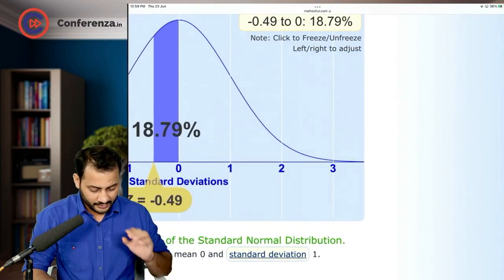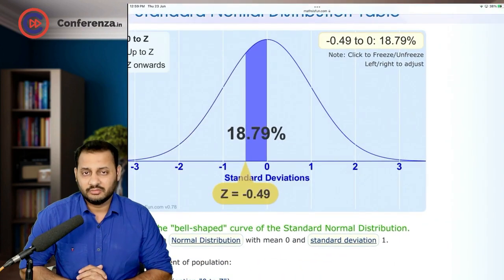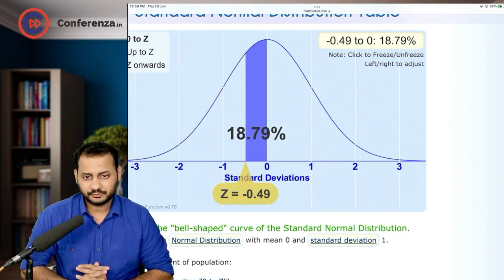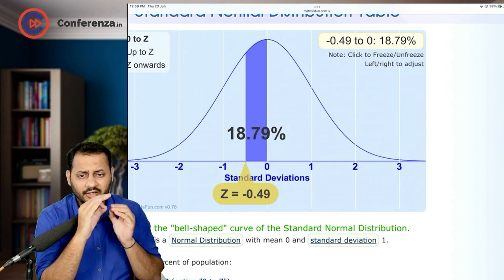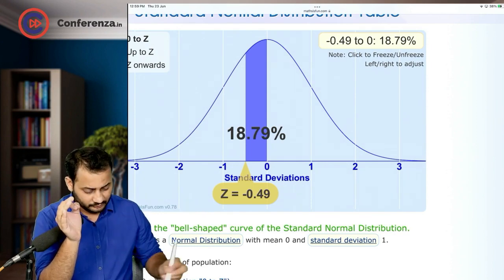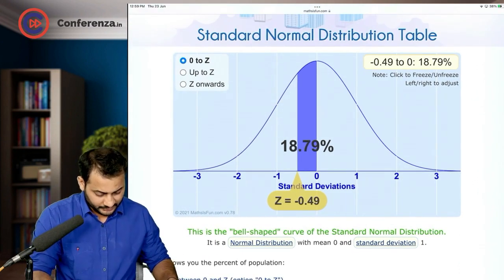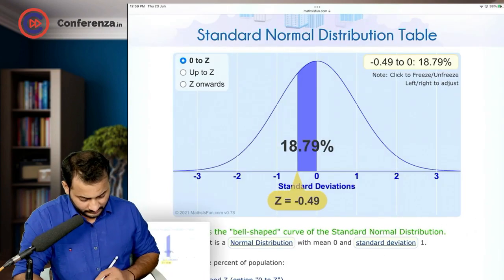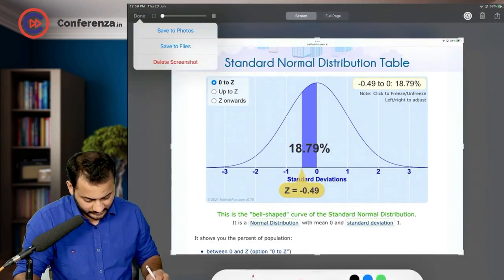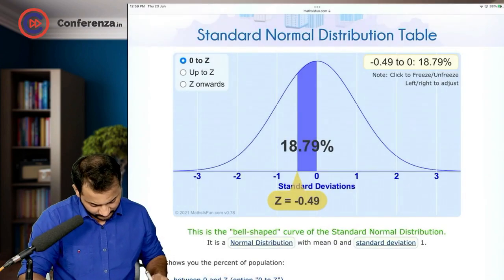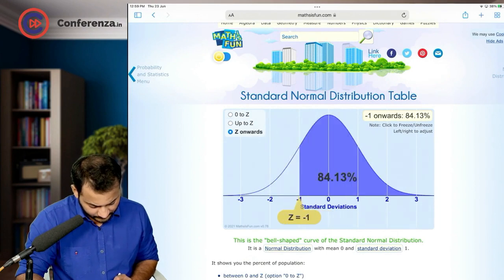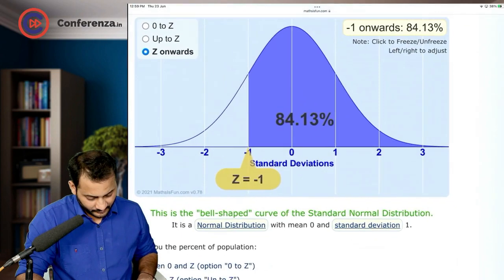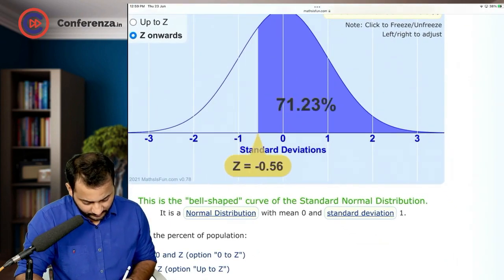Cool. But let me ask you another question. If I want to calculate the entire area from 0 up to z onwards, let me take the screenshot of this, because I think it will not give us the cumulative figure. Now let's take 0.49.